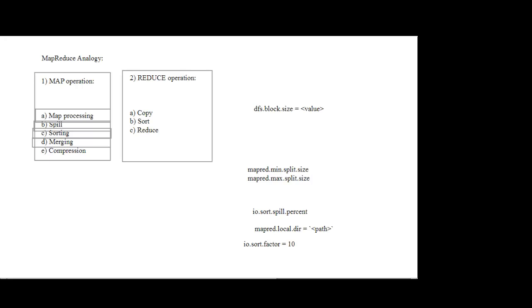Now the property that decides whether you want to use compression or not is mapred.compress.map.output, which by default will either have true or false. And let me tell you, by default it is false. You don't compress data. If you want it, you can go ahead and change the property file. You can change this particular property to true.